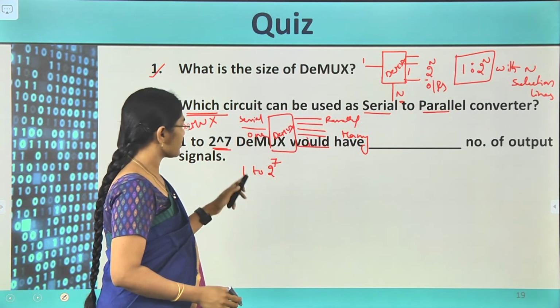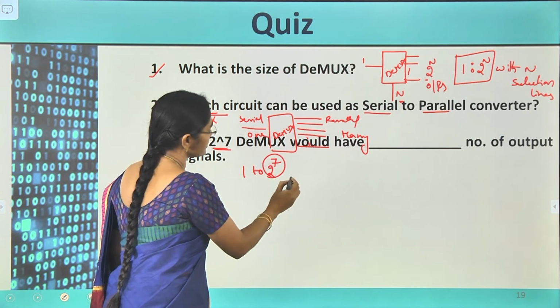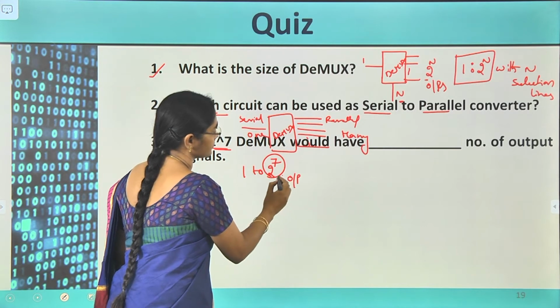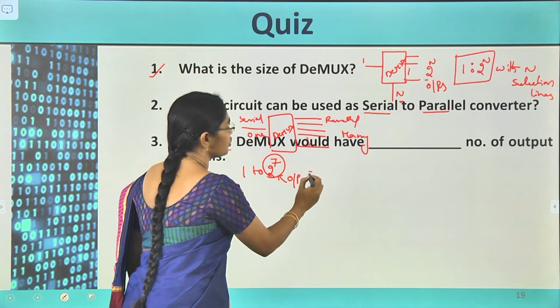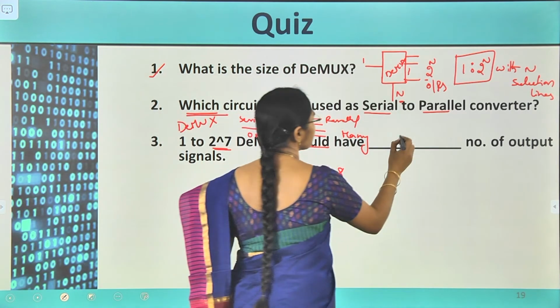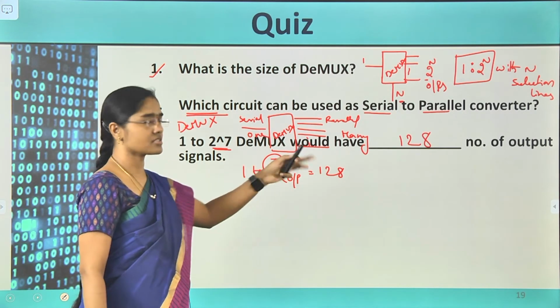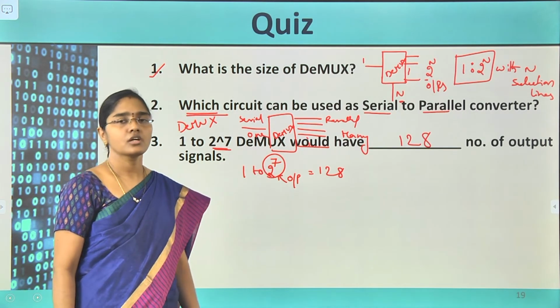Here it is represented as 1 to 2 power 7, so 2 power 7 is obviously the outputs. 2 power 7 is 128. So the answer is 128.